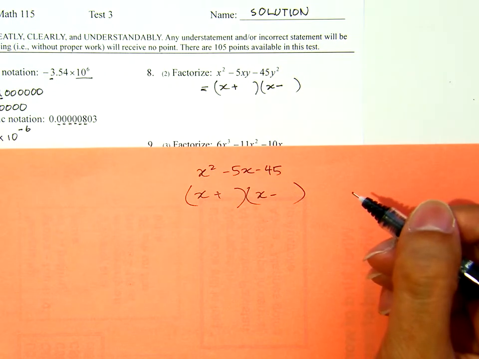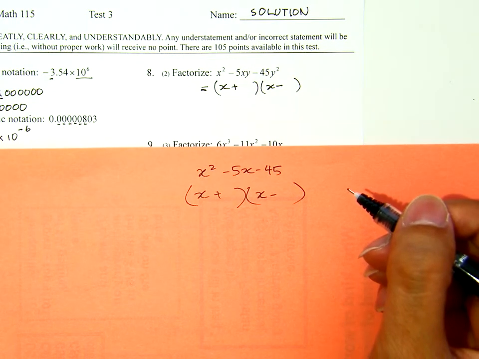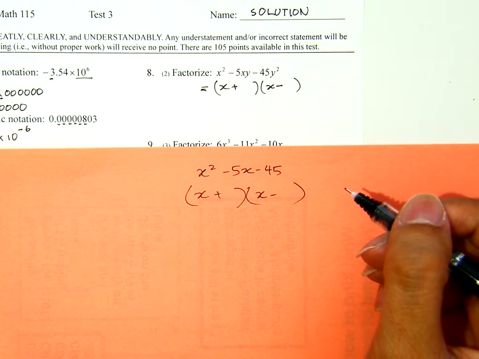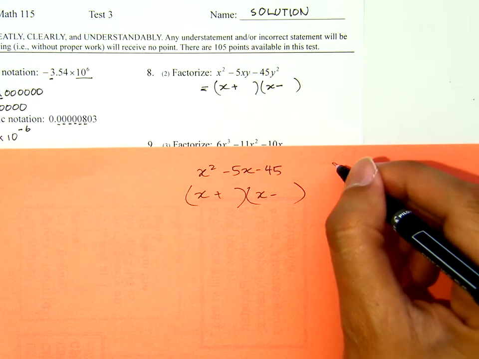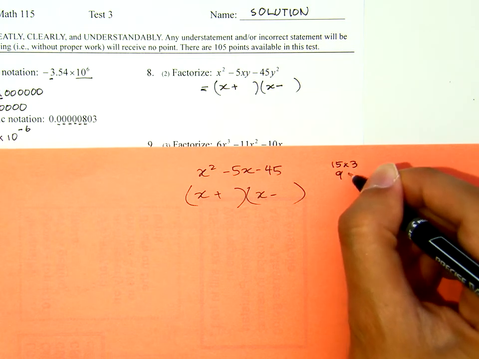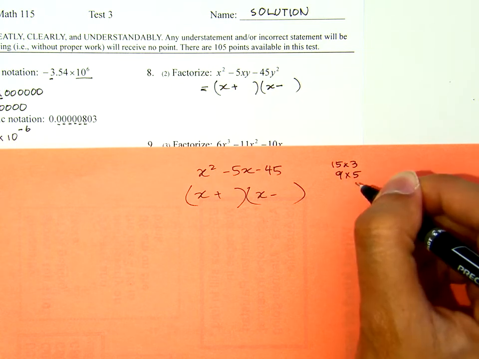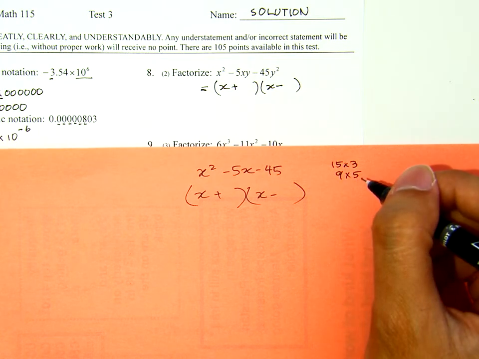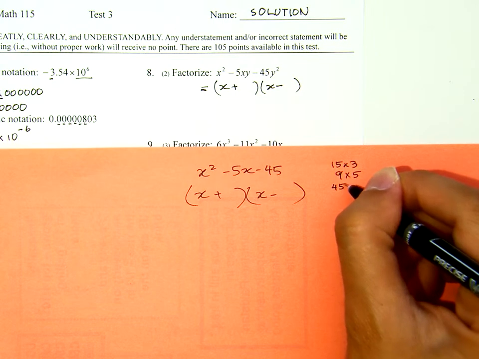what times what gives you 45, but the difference is 5? Can you come up with any? 15 times 3, right? 9 times 5, what else? 45 times 1, of course.